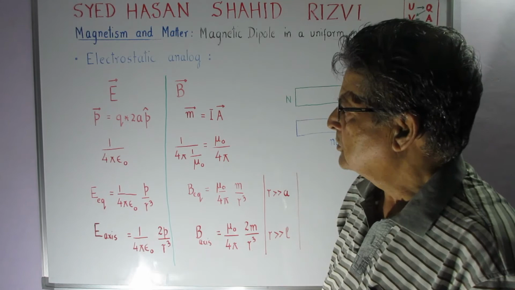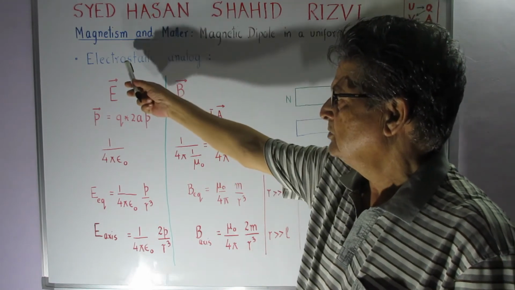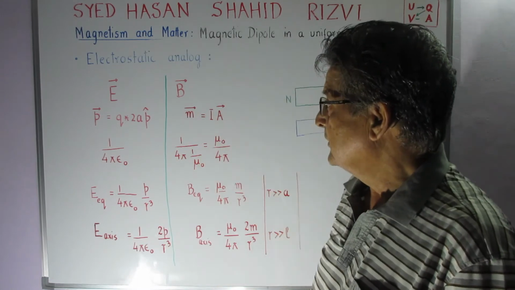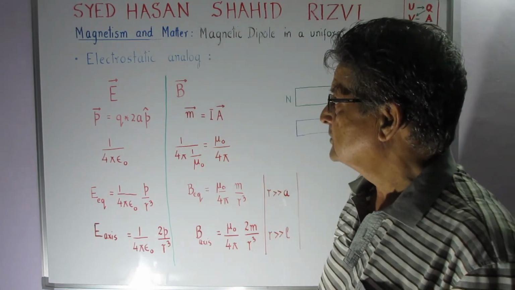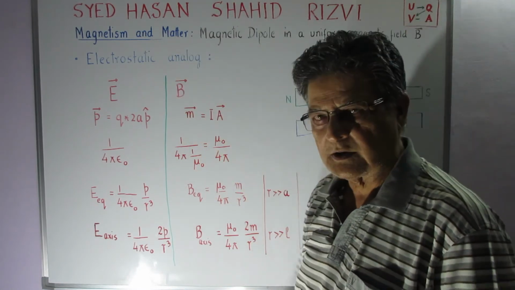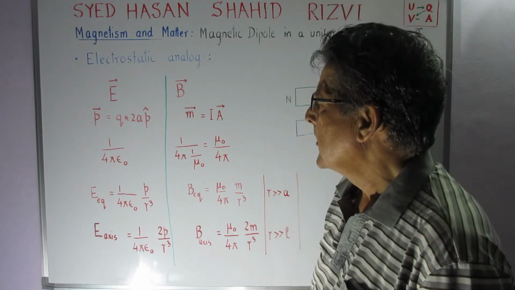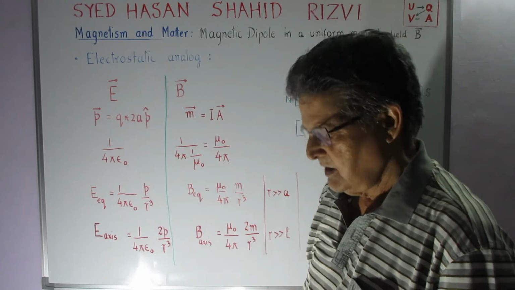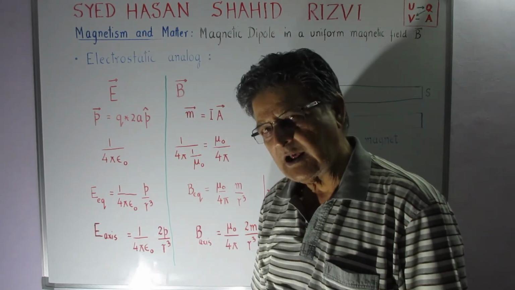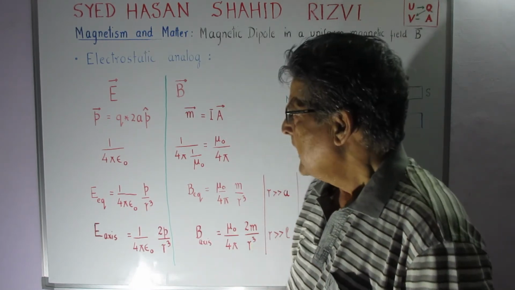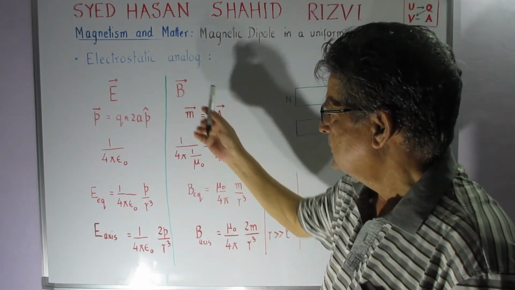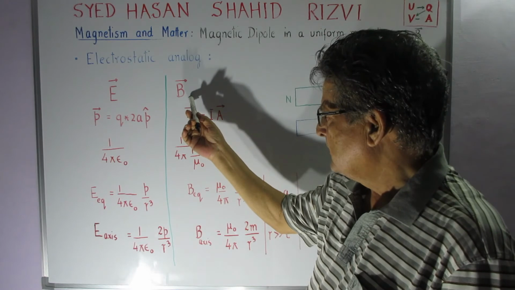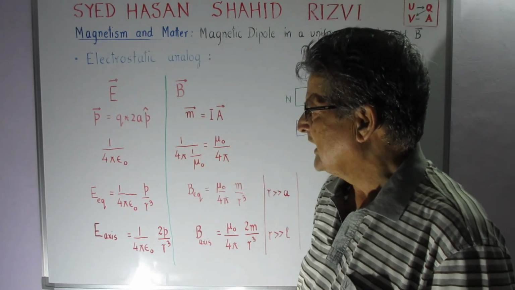Because we are talking magnetism, we take the electrostatic analog; else, if we were talking about electrostatics, we could talk about magnetic. So look here, on the left hand side I have electric field, and the analog is magnetic field, or the analog of the magnetic field is electrostatic field.